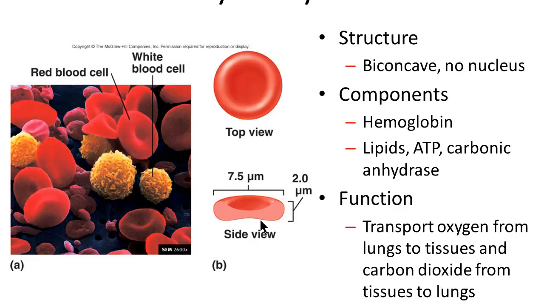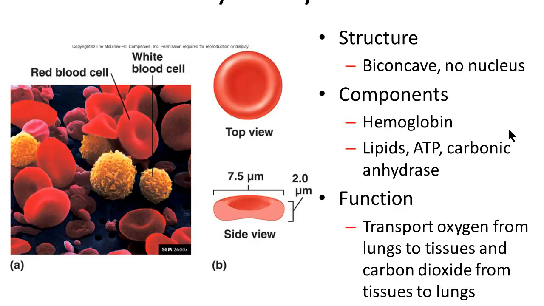So their primary job is to transport oxygen and also carry carbon dioxide between the tissues and the lungs. So not only does it carry oxygen, but it also plays a role in carrying carbon dioxide. And it contains hemoglobin, and hemoglobin is the special protein that binds oxygen and carries it from the lungs to the tissues and vice versa.